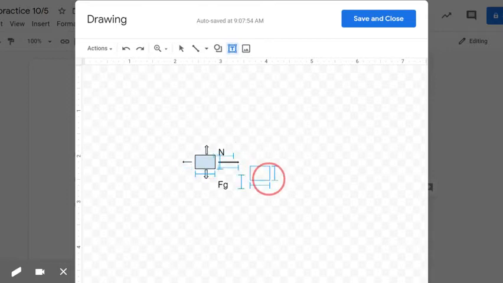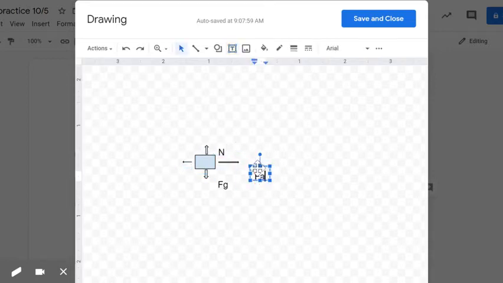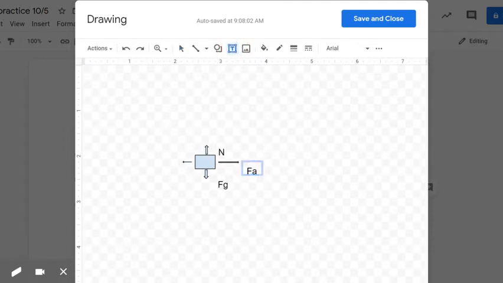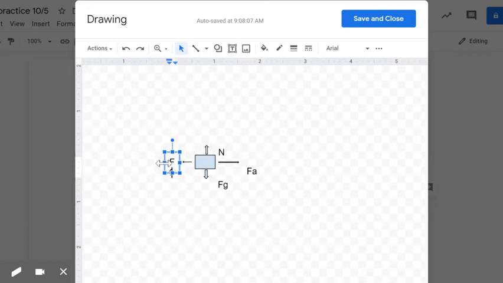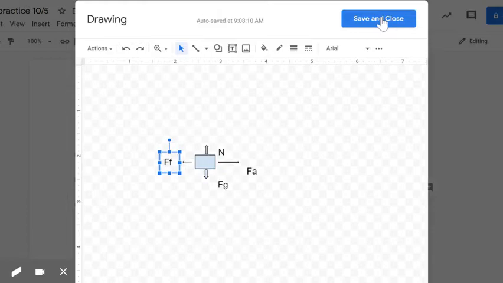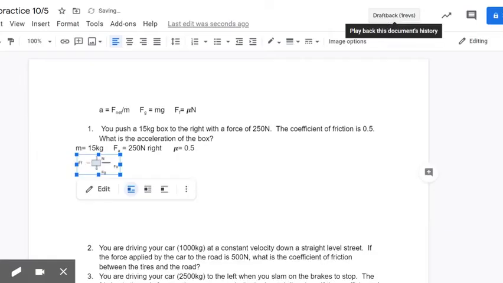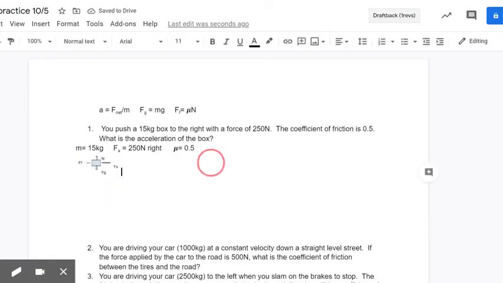And we'll put that in. That's my FA. And this one is my FF. Save and close. I have my free body diagram.